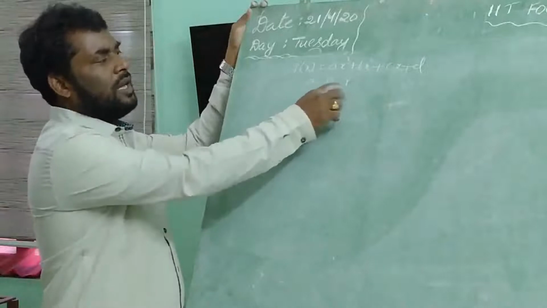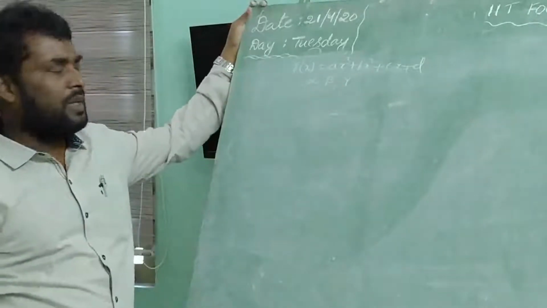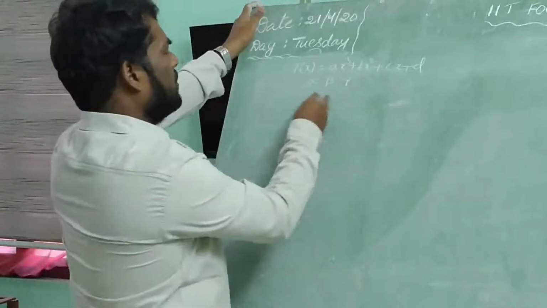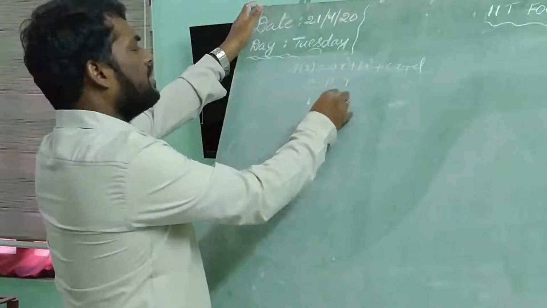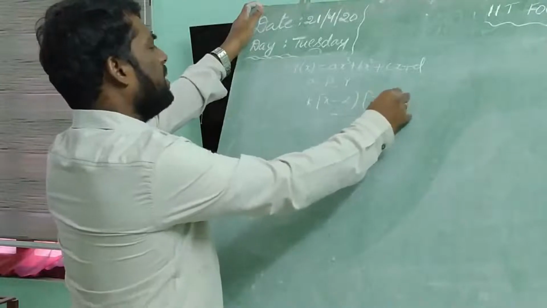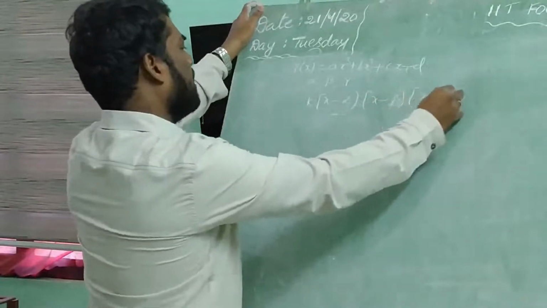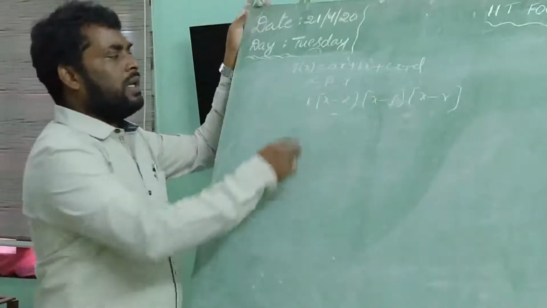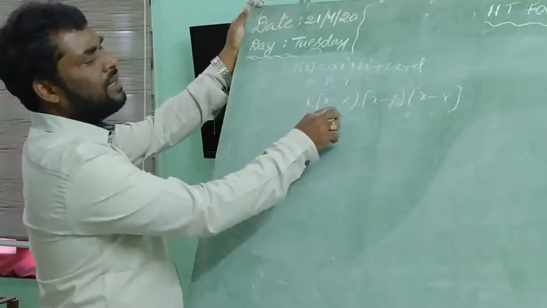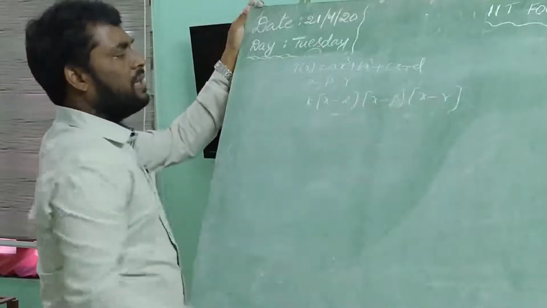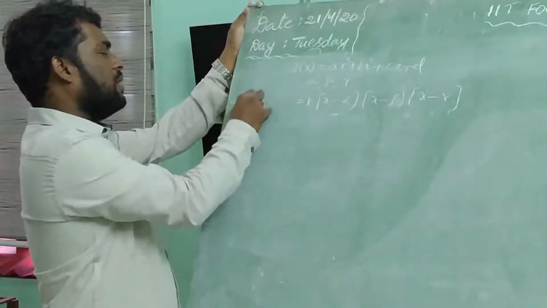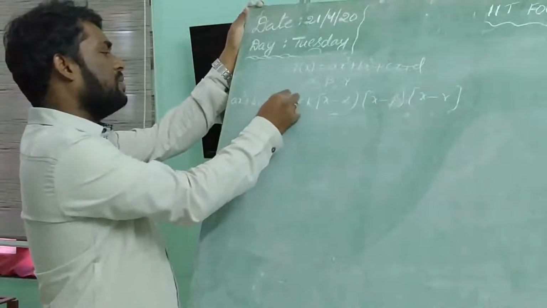If alpha, beta, gamma are the zeros of a cubic polynomial, then the cubic polynomial is k into x minus alpha into x minus beta into x minus gamma. Okay, so this k into x minus alpha into x minus beta into x minus gamma is equal to the cubic polynomial ax cube plus bx square plus cx plus d.